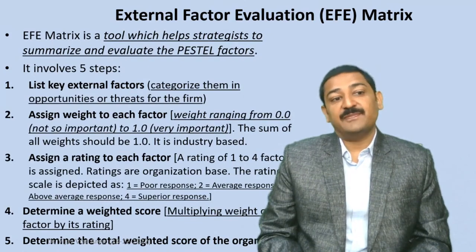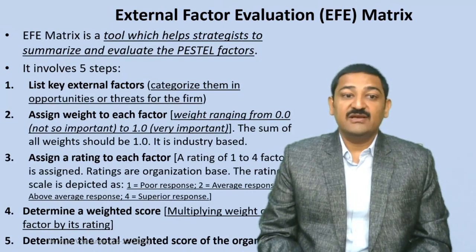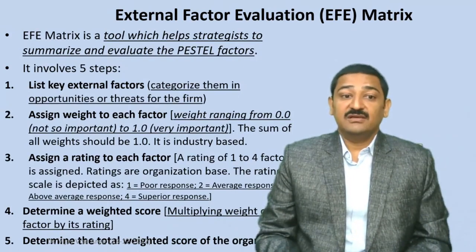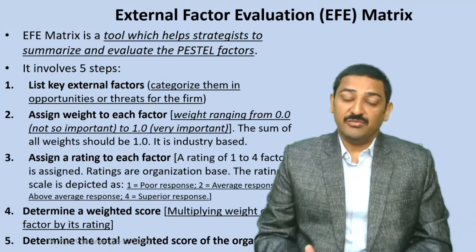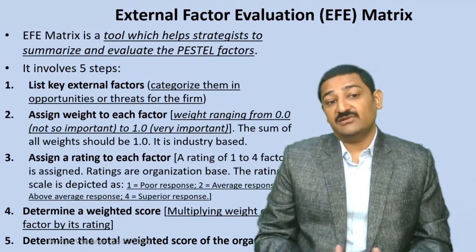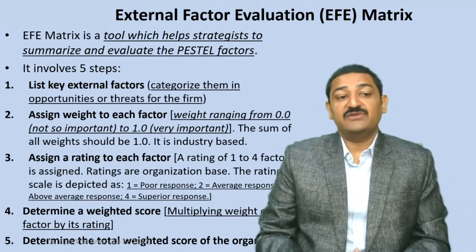In the first step, the strategist needs to list the key external factors based on the PESTLE framework analysis, and categorize them as opportunities or threats for the firm. So opportunity based factors will be categorized differently, and threat based factors separately.